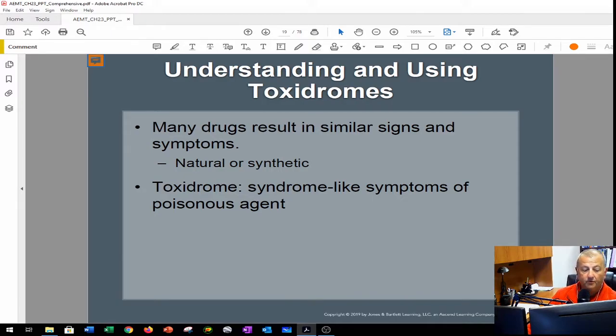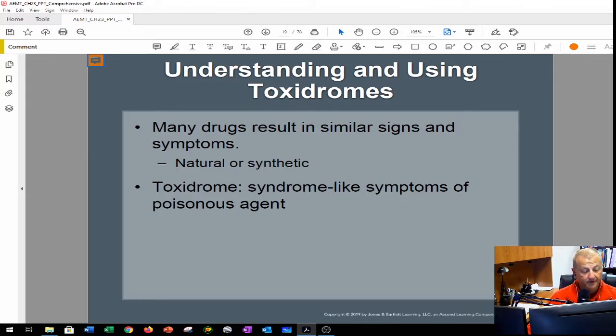All right, the toxidromes are something that's in your book, and you need to know those. It lists stimulants such as cocaine, amphetamines, certain sinus medications, narcotics such as heroin, and it keeps going down, sympathomimetic drugs like epi and albuterol, sedative type drugs like diazepam and Valium, cholinergic, anticholinergic.